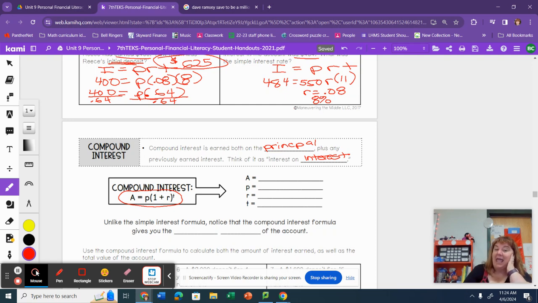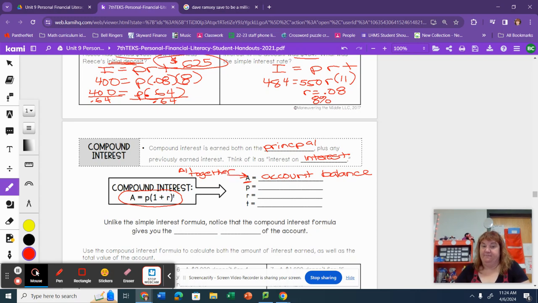Okay. A stands for account balance. One way I remember what A is, I call it all together. It's not just the interest you earned.